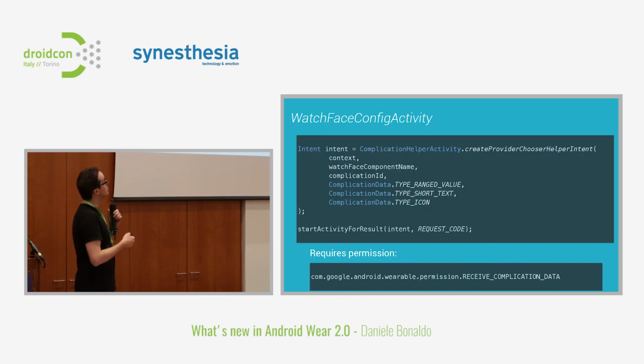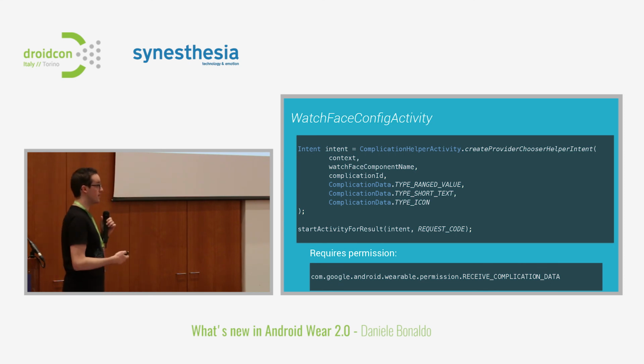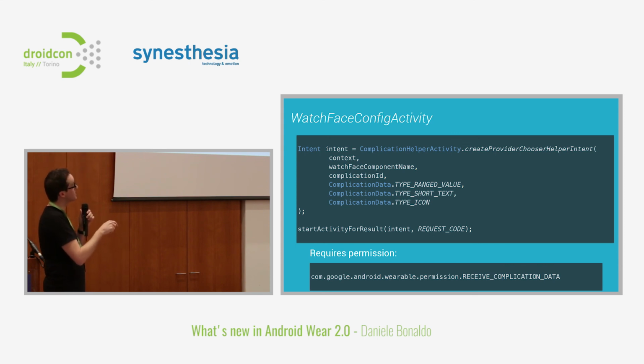This is how you call this data provider chooser from the system. You need to specify the watch face component, the complication ID, which is the placeholder ID basically, and a list of types that that placeholder will support, so that the system will filter those. This is an ordered list, bear in mind.